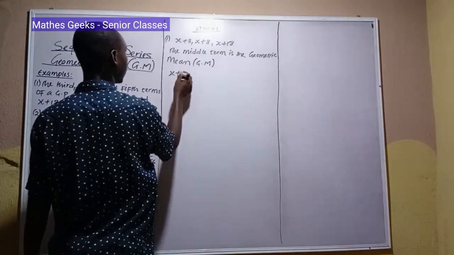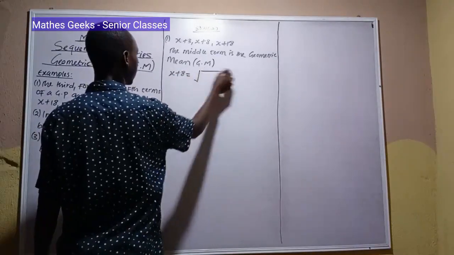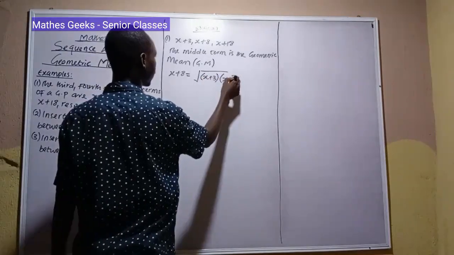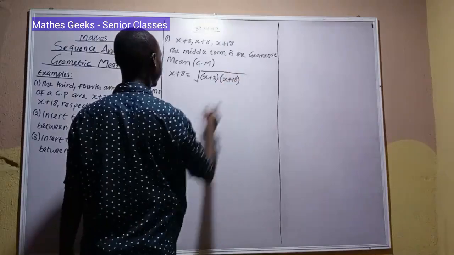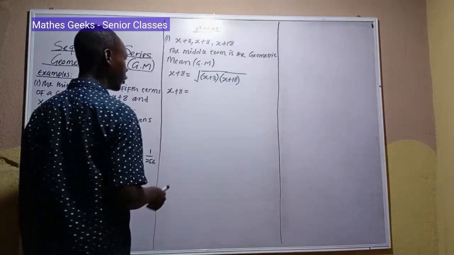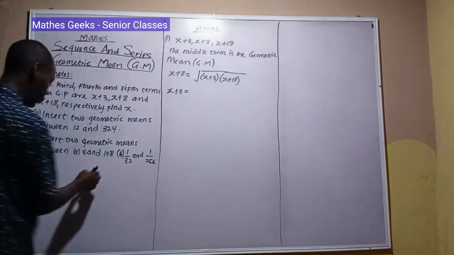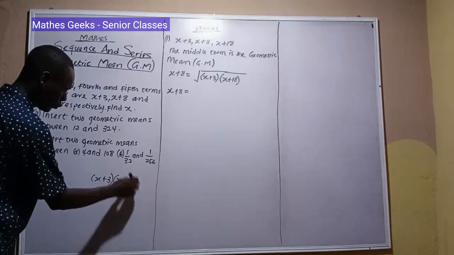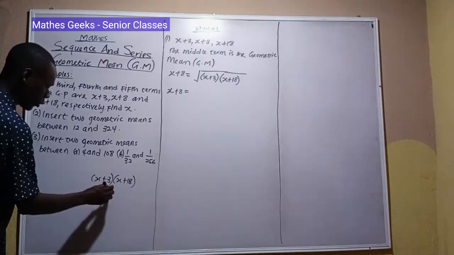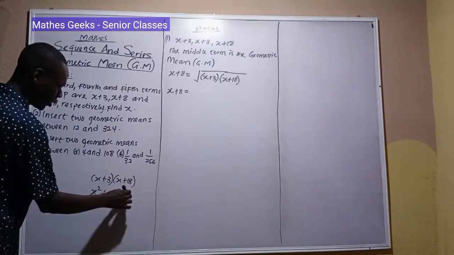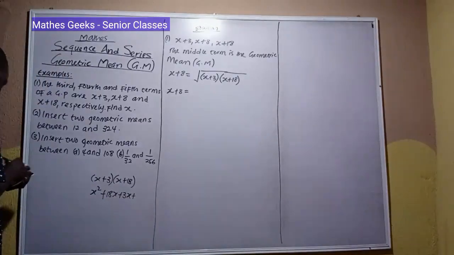So x plus 8 is equal to the square root of x plus 3 times x plus 18. Expanding, x times x is x squared, plus 18x, plus 3x, plus 18 times 3, 54.